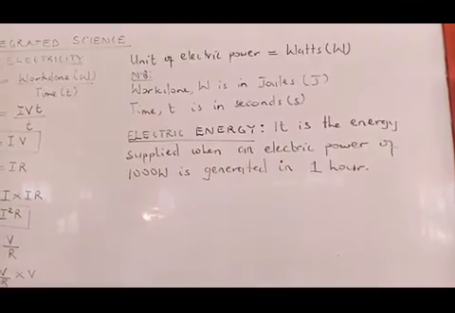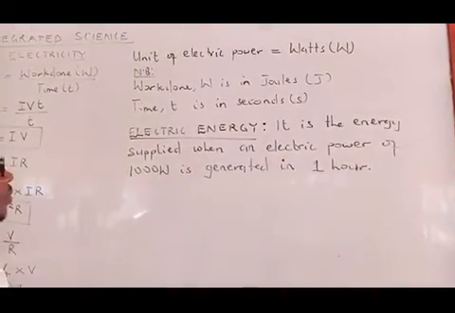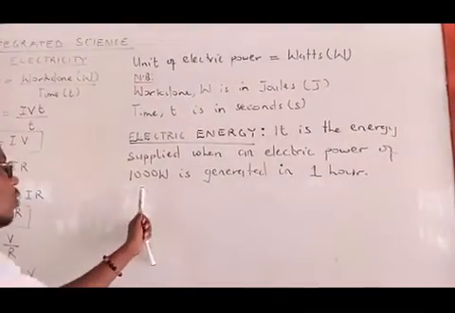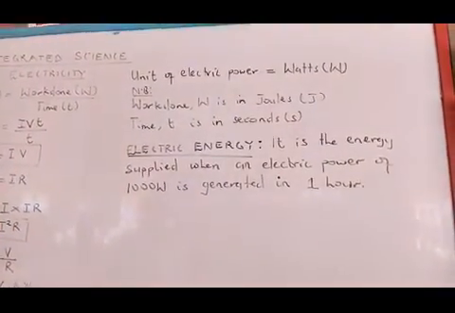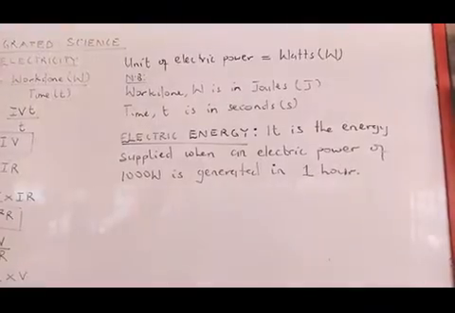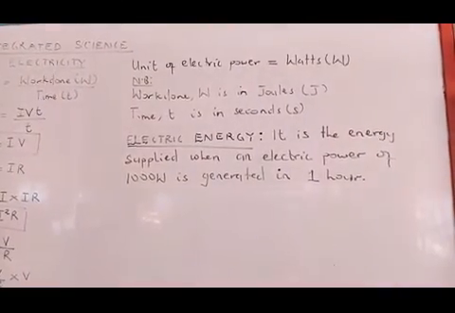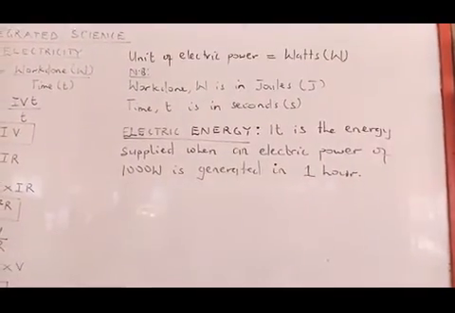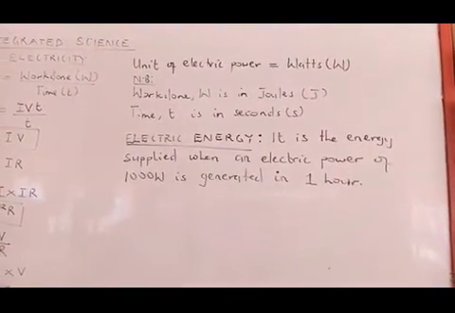Or you can say it is the energy supplied in generating an electric power of 1000 watts in 1 hour. Okay, so the energy supplied when an electric power of 1000 watts is generated in 1 hour, that's what we refer to as electric energy.